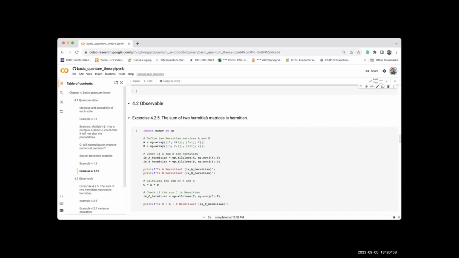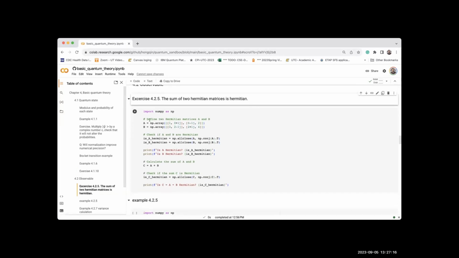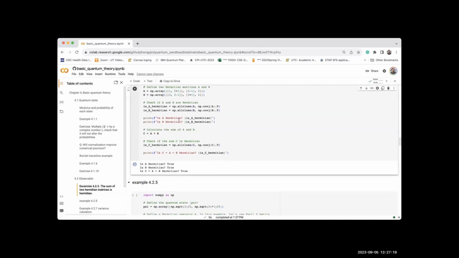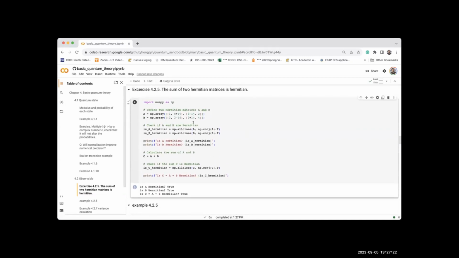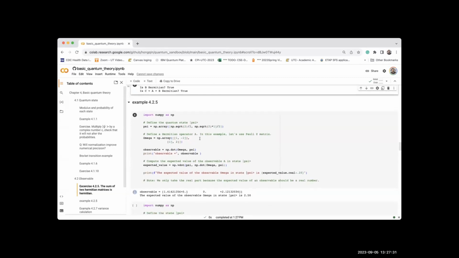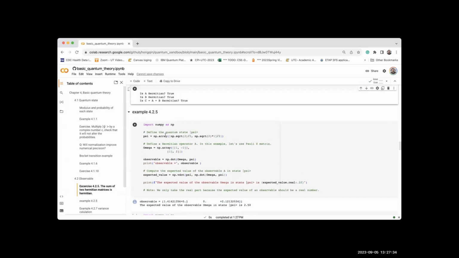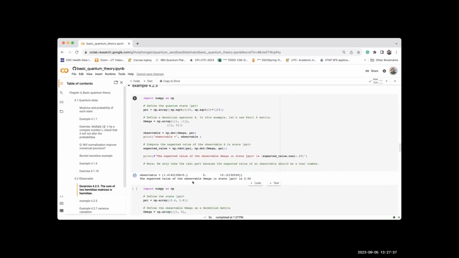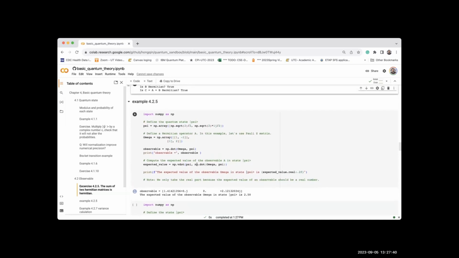Here are some examples. Instead of calculating by hand, we can use Python to verify this. The Hermitian operator has some very interesting properties. For example, the sum of two Hermitian matrices is also Hermitian. This is not a proof, this is just testing. We use two matrices to test this. With that, we can also calculate the expected value of the observable.